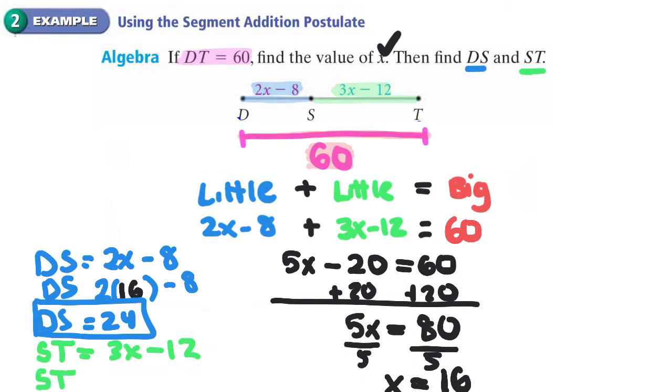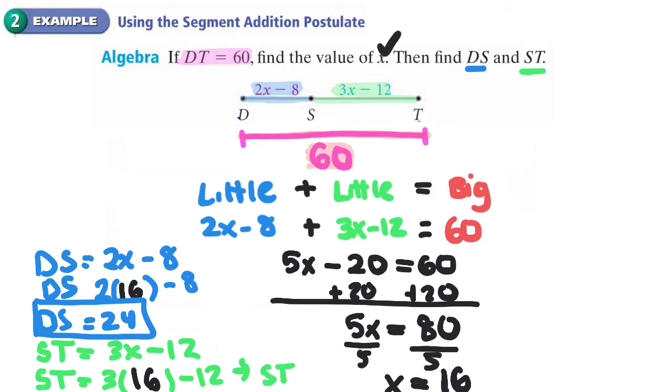So if I want to find ST, it's going to be 3 times my value of x, which we said was 16, minus 12. So if I do 3 times 16 minus 12, gives me a length of 36.